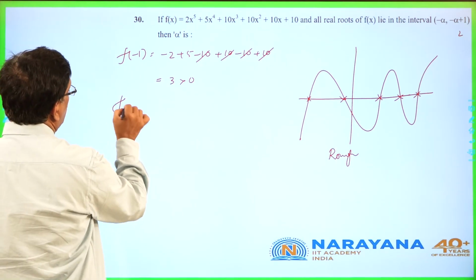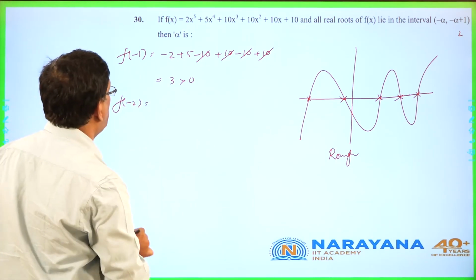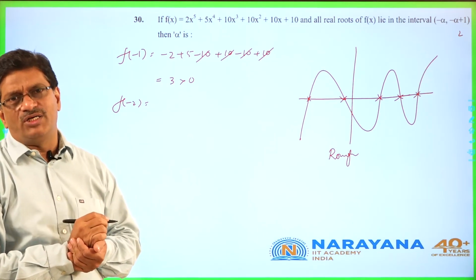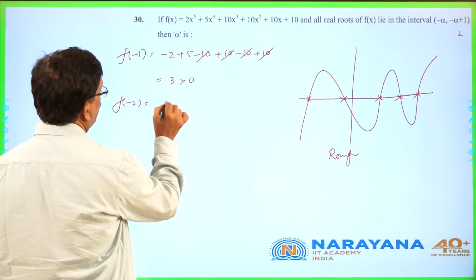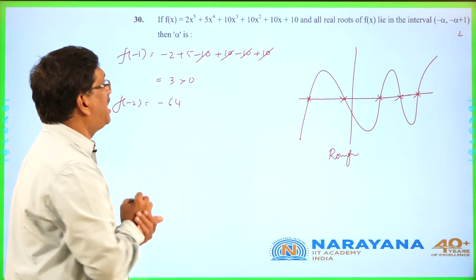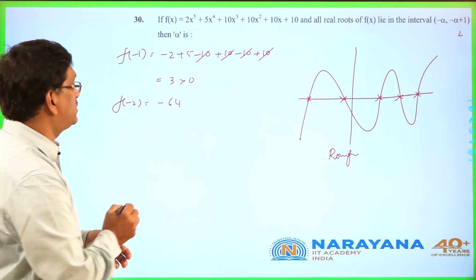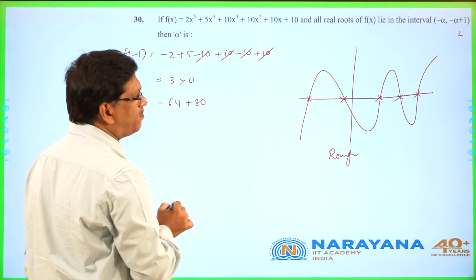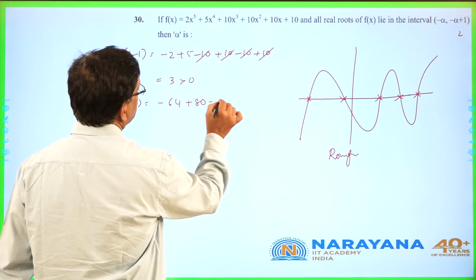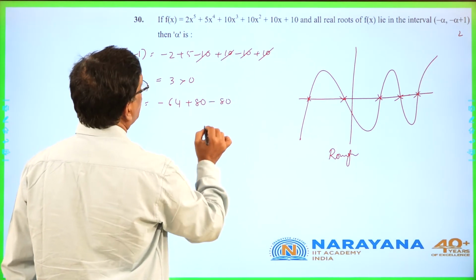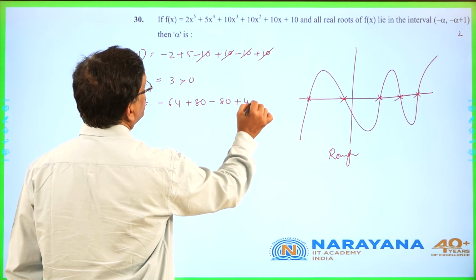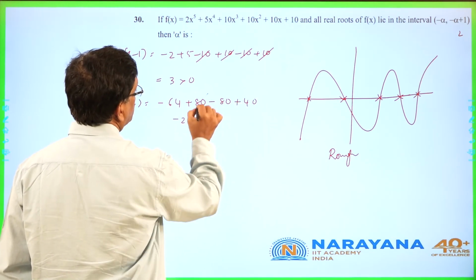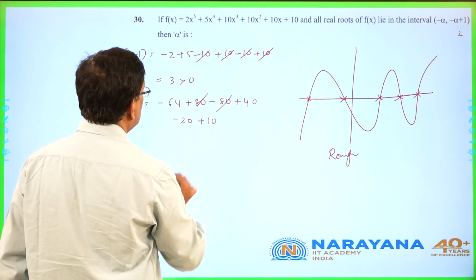Let us substitute one more value, f of minus 2. Minus 2 to the power of 5, minus 32. That is minus 64. Next, minus 2 power 4, 16. That is 80. Next, minus 2 cube, minus 8. That is minus 80. 2 square 4, you mean 40. 2 minus 20 plus 10. These two will cancel, right?